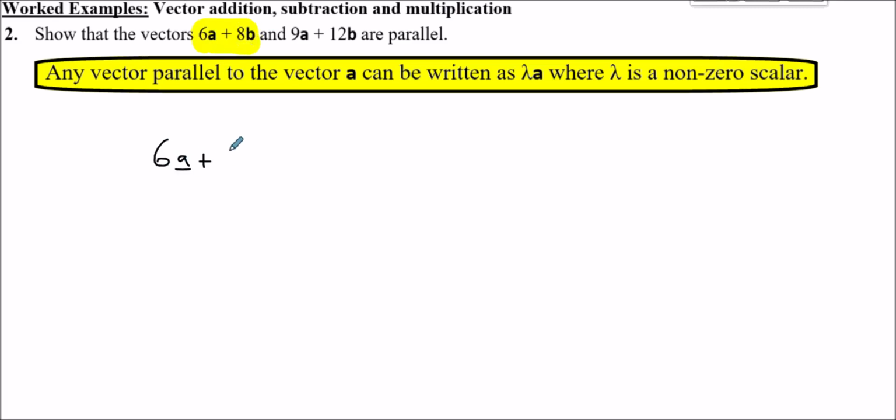So starting off with 6a plus 8b. I'm just underlining a and b to denote that these are vector components. We can factorise this, just as you'd factorise normal algebra. 6 and 8 are both even, so we can write this as 2 lots of 3a plus 4b.